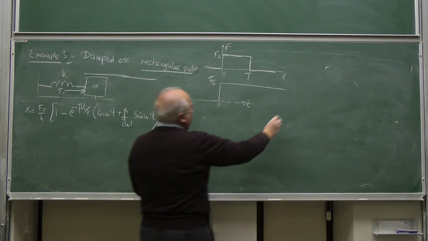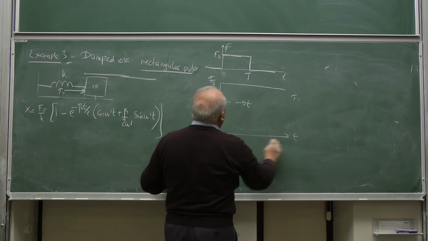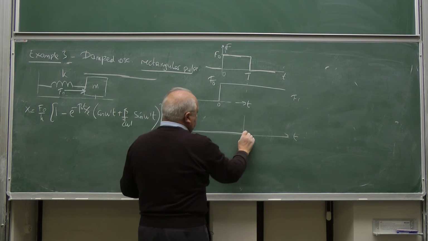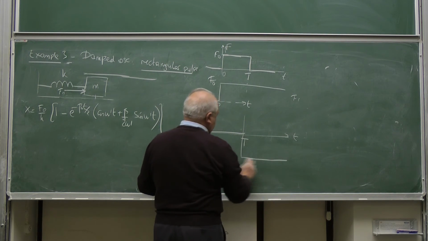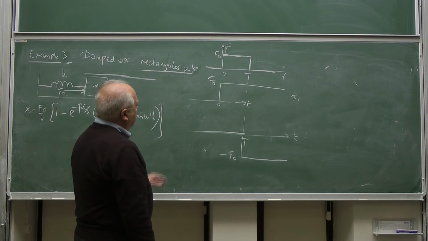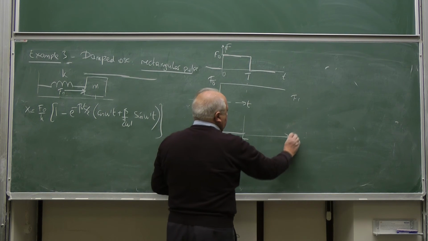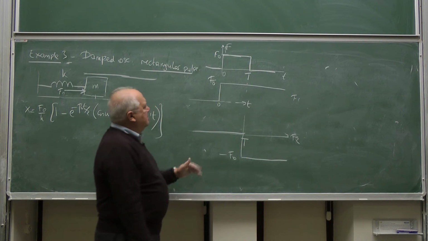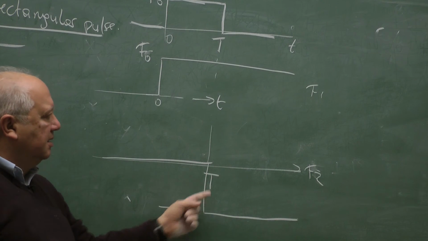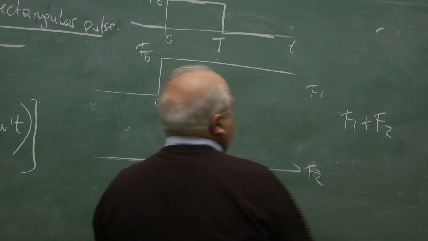So this is the force F1. And at time T, we apply a force negative F0. Let's say this is F2. Notice F1 is applied at time equals 0, and F2 is applied at time T. So the total force is F1 plus F2.